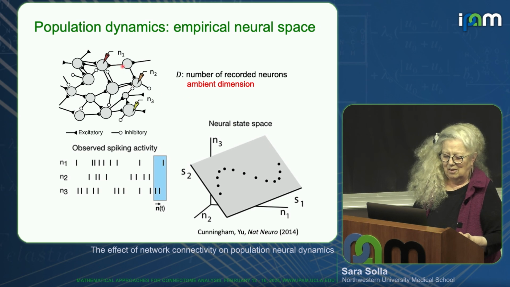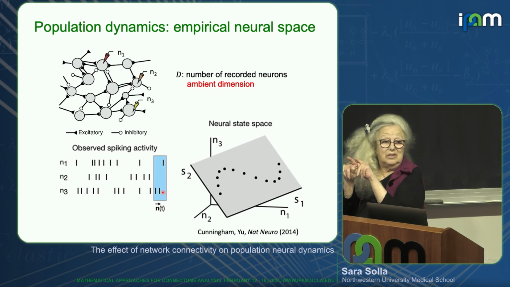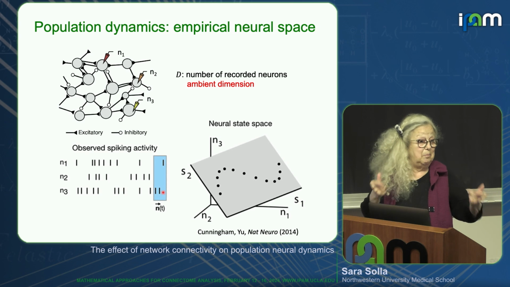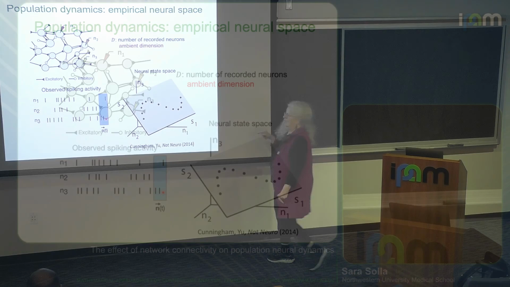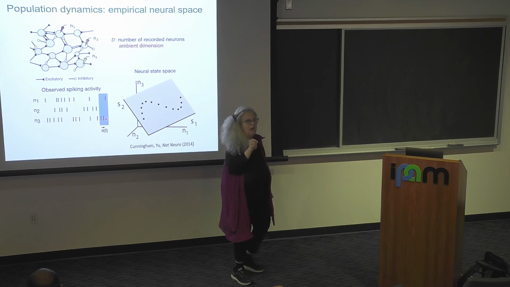In this case, I'm just recording neuron 1, neuron 2, neuron 3. These are the spikes that I observe, and now I put my beam and I move it. Every time the beam is put somewhere, I have a point in this empirical neural space at 1 and 2 and 3.